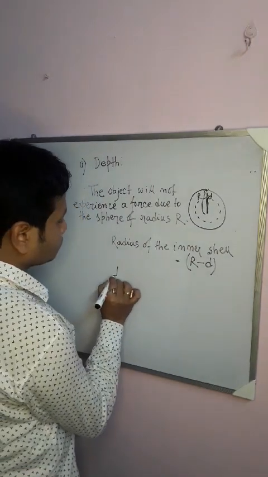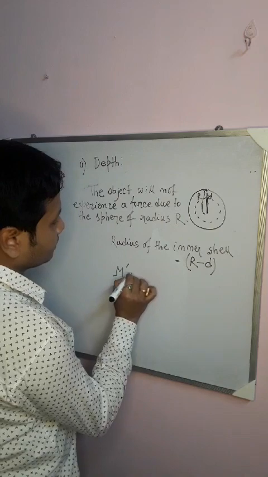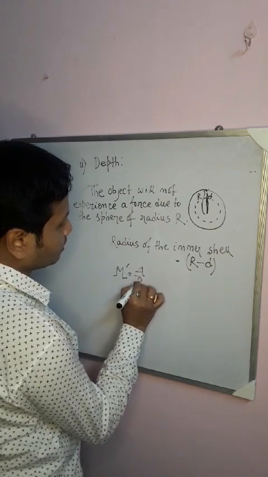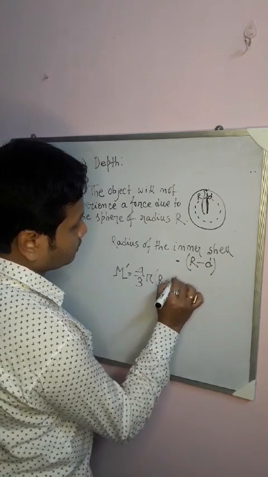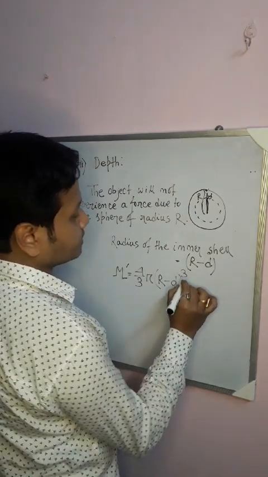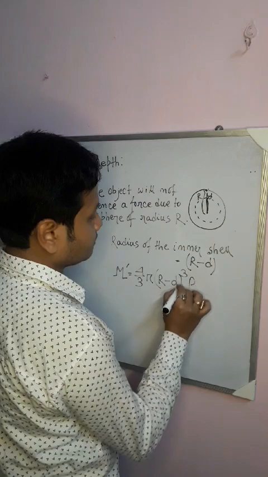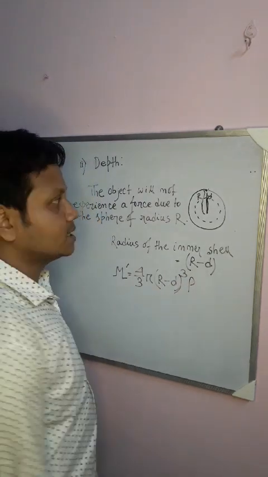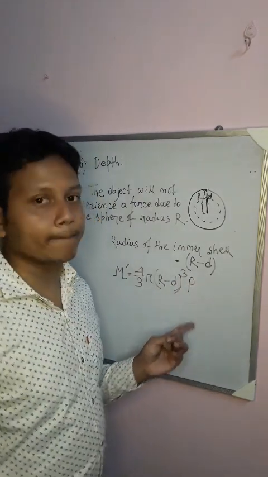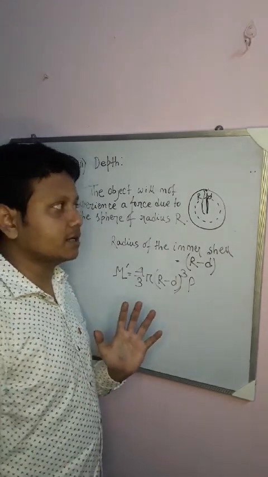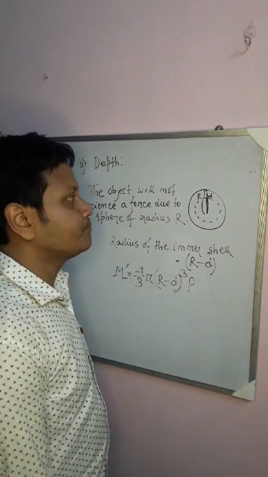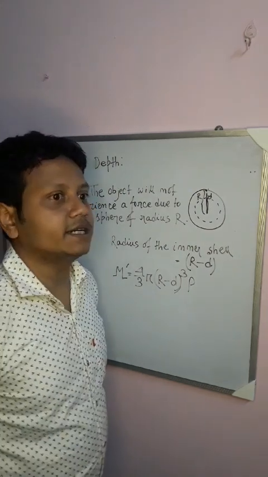If you call the mass of the shell m dash, then its volume is 4/3 pi (r minus d) whole cube, and density is rho. What is rho? Rho is the mean density of Earth and it is constant. Whenever we are talking about mean density, it is always constant, because previously I told you there are different densities in different places.